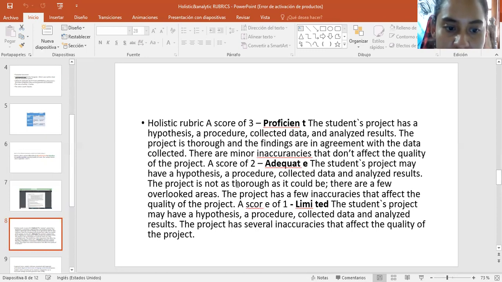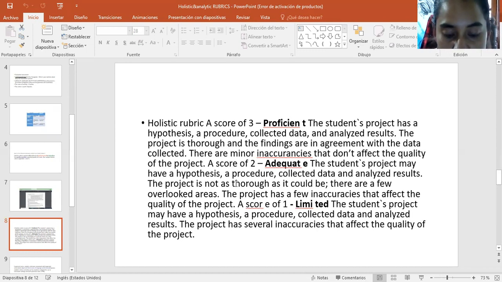If a student has the maximum level of score, it is included in this category in the rubric, if students collect the best data and analyze results.